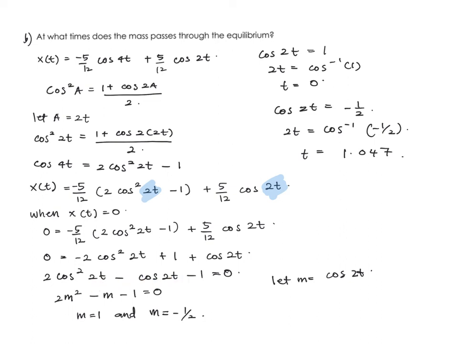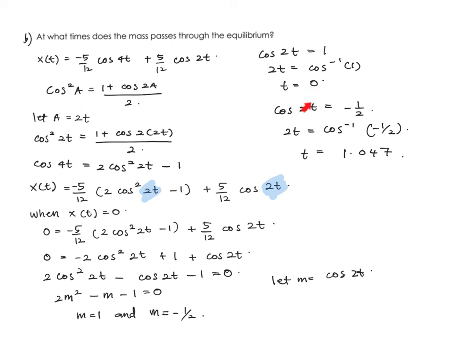Okay, next we let m equal to cos 2t. So 2m square minus m minus 1 equal to 0. Then solve for m. m equal to 1 and m equal to negative 1 over 2. So cos 2t equal to m. When m equal to 1, t equal to 0.